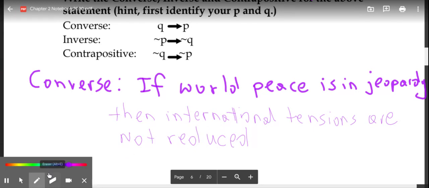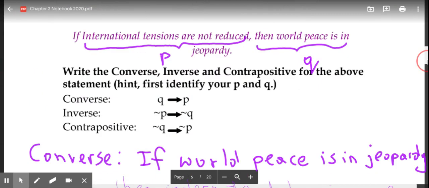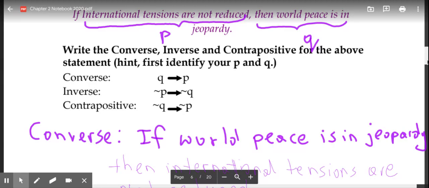Now, our job is to create or form an inverse. How do you form an inverse? Inverse, you negate the conditional statement. The conditional statement was, if international tensions are not reduced, then the world peace is in jeopardy.